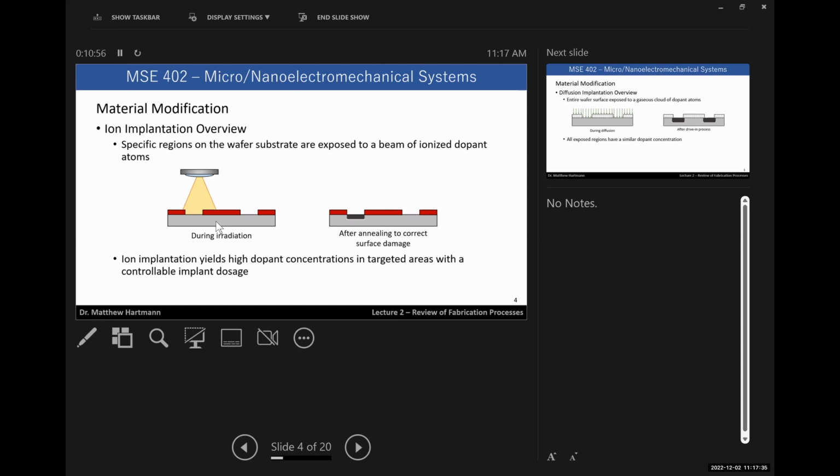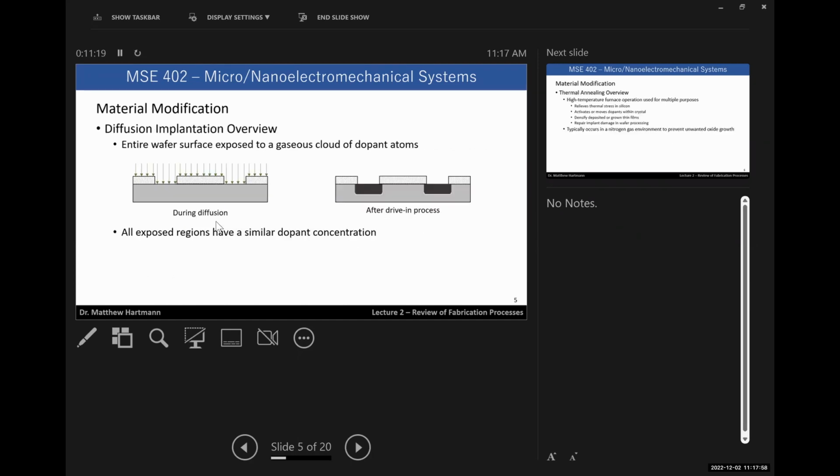Typically speaking, for ion implantation, we get a relatively high dopant concentration, as we'll see from other processes. Okay, so we have a very low temperature, room temperature step under the irradiation, and then we have a very high temperature annealing process.